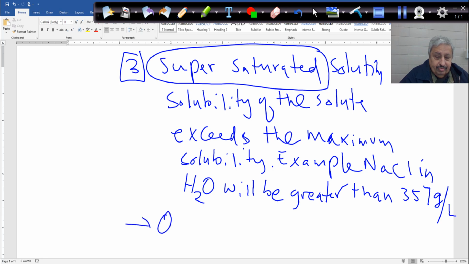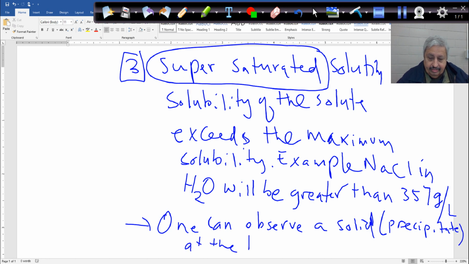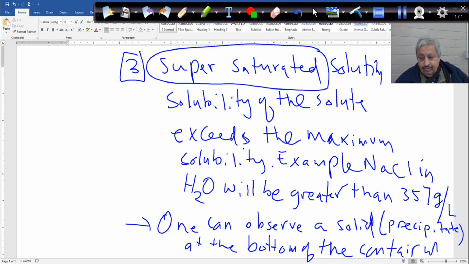One can observe a solid, sometimes called a precipitate, at the bottom of the container, which cannot be dissolved further.